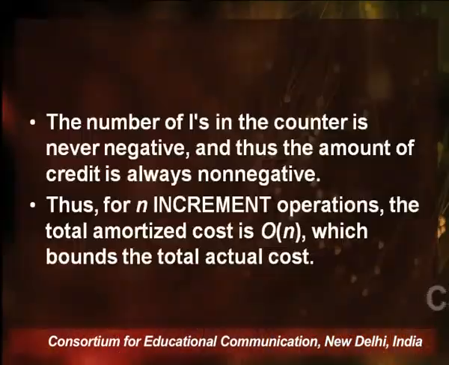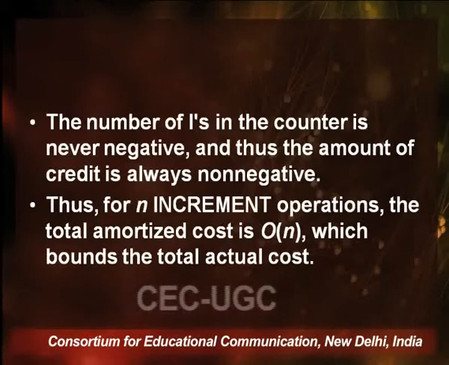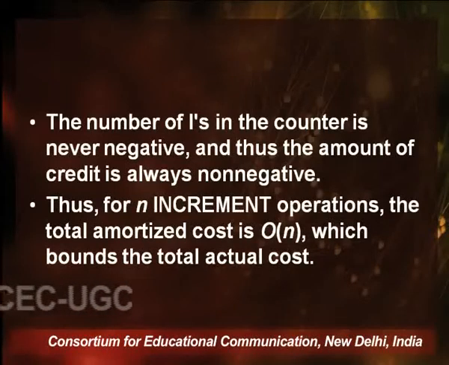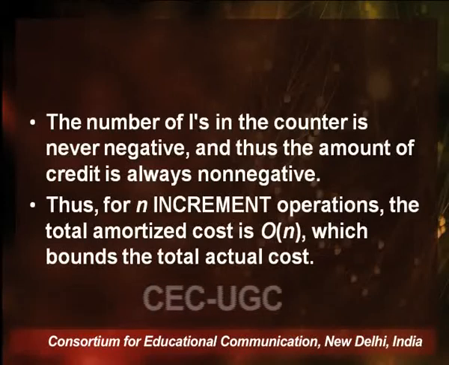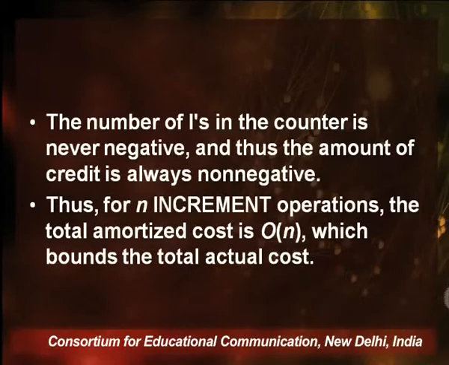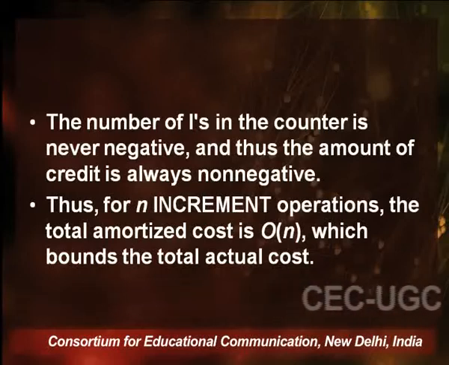Now what is happening with the number of ones in the counter? The number of ones in the counter is never going to be negative. If you can recall the figure of the binary counter, the number of ones is not negative at any point of time, and thus the amount of credit will always be non-negative, because every one bit has a $1 bill with itself.